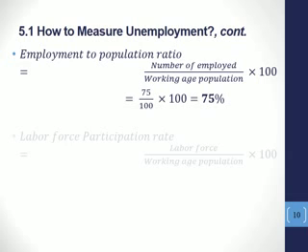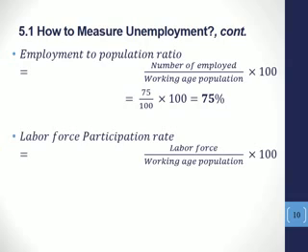And finally, labor force participation rate equals what? Labor force divided by working age population times 100, which is equal to 90 divided by 100 times 100 equal to 90%. Therefore, 90% of the working age population are still in the labor force.